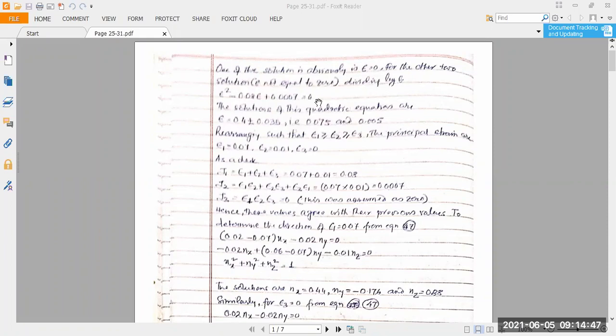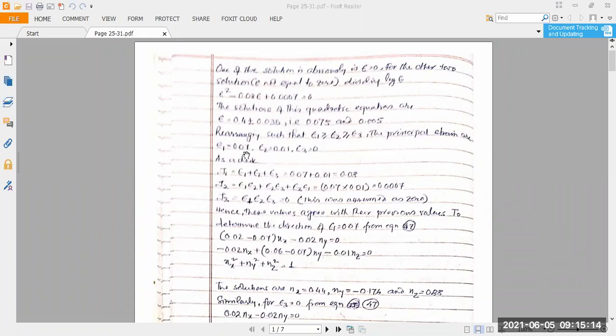The solution of this quadratic equation will be epsilon equal to 0.4 plus or minus 0.35, that is 0.075 or 0.005, and realizing that epsilon 1 is greater than or equal to epsilon 2, which is greater than or equal to epsilon 3, the principal strains will be: maximum is 0.075, intermediate is 0.001, and minimum is 0.